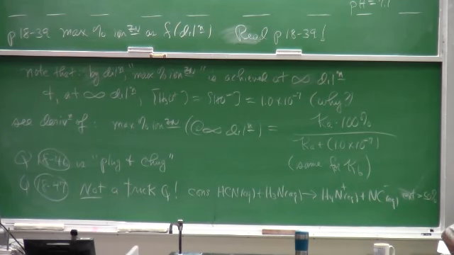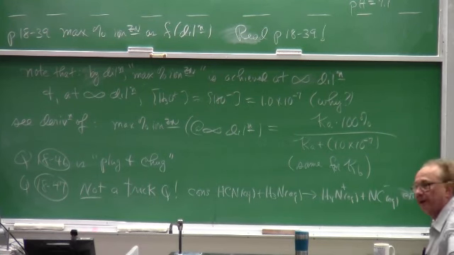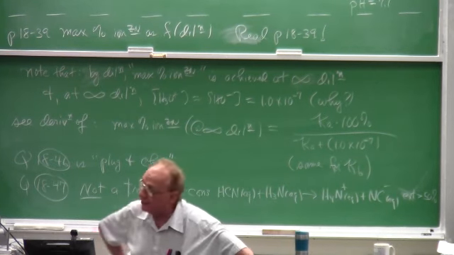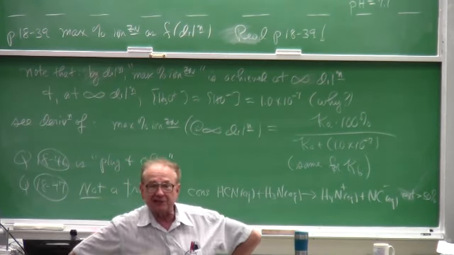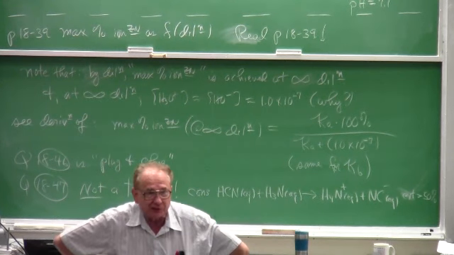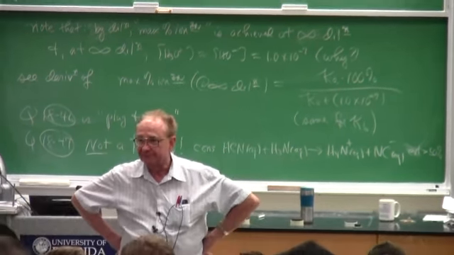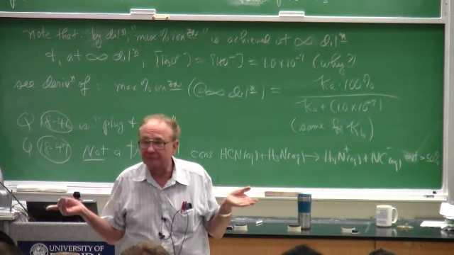But since Ka of acetic acid is a hell of a lot bigger than Kb for its conjugate base acetate ion, the acetate ion plus water reaction can never come close to 50% because that would involve building up a molarity of acetic acid which is greater than the molarity of acetate ion, and that ain't going to happen because acetic acid molecule is a much better H plus giver than acetate ion is an H plus snagger. That's what it amounts to.